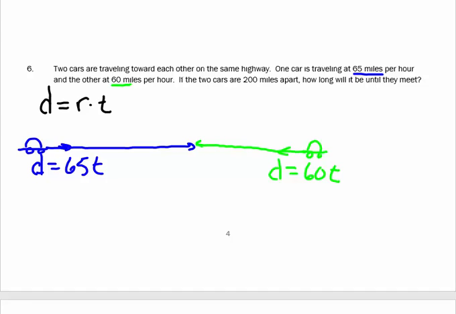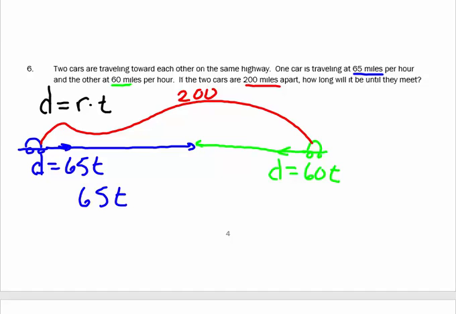Now the one piece of information we haven't used yet is that they were 200 miles apart. So this whole distance is 200 miles. So hopefully you can see that if we take the distance of the blue car and we add the distance of the green car, that's supposed to equal the total distance they were apart, which is 200.